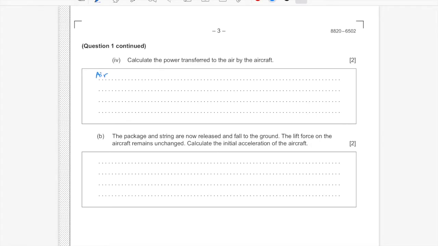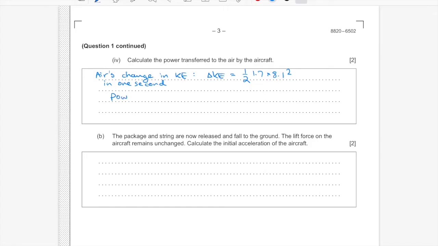Okay, next one, power transferred to the air by the aircraft. Power is energy over time. The air's kinetic energy has increased, and we can work out how much the kinetic energy changed in 1 second. In 1 second, 1.7 kilograms of air got pushed downwards. So that's 1/2 mv squared, 1/2 times the velocity it obtained squared.